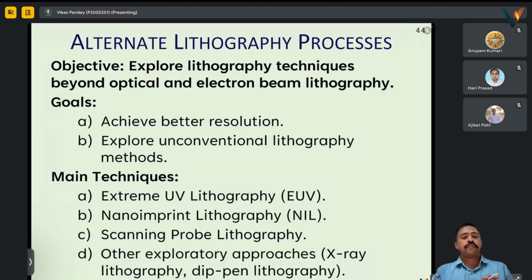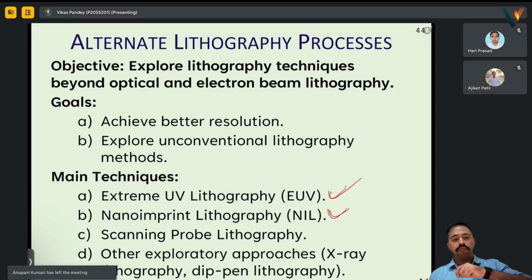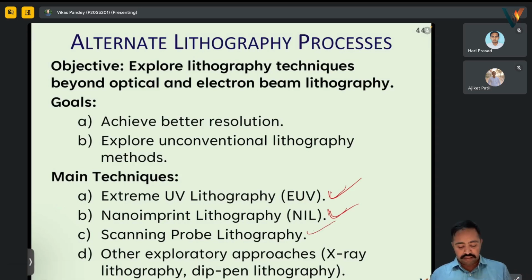So there are some methods like extreme UV lithography, where UV lithography along with immersion lithography is used. Nanoimprint lithography, where AFM, atomic force microscopy, tips are dipped into the chemical that we want to coat, and then it is patterned. Scanning probe lithography and other approaches like X-ray lithography and dip pen lithography are used.